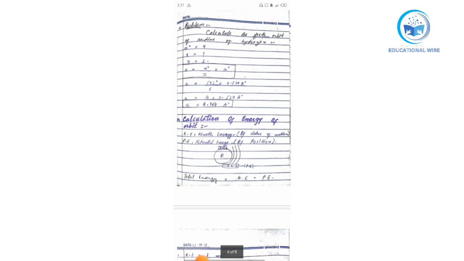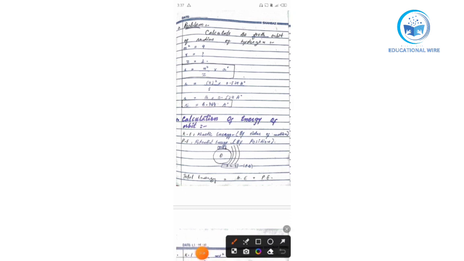Here is the problem, which says: calculate the radius of the fourth orbit of hydrogen. Here they have given the fourth orbit and also the name of the atom, that is hydrogen. So n square is equal to 4.